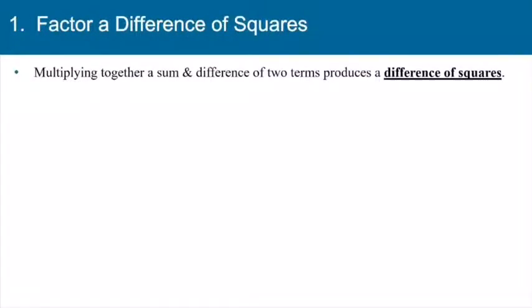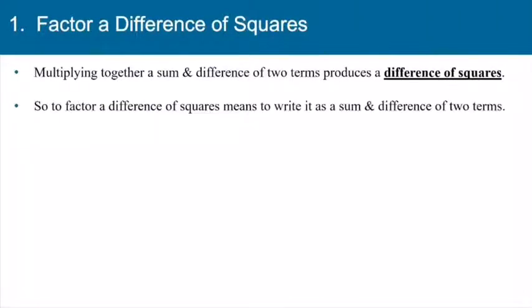Okay, first remember from chapter 5 that multiplying together a sum and difference of two terms produces a difference of squares. And that means that if we want to factor a difference of squares, what we have to do is just put it back in its form of a sum and difference of two terms.